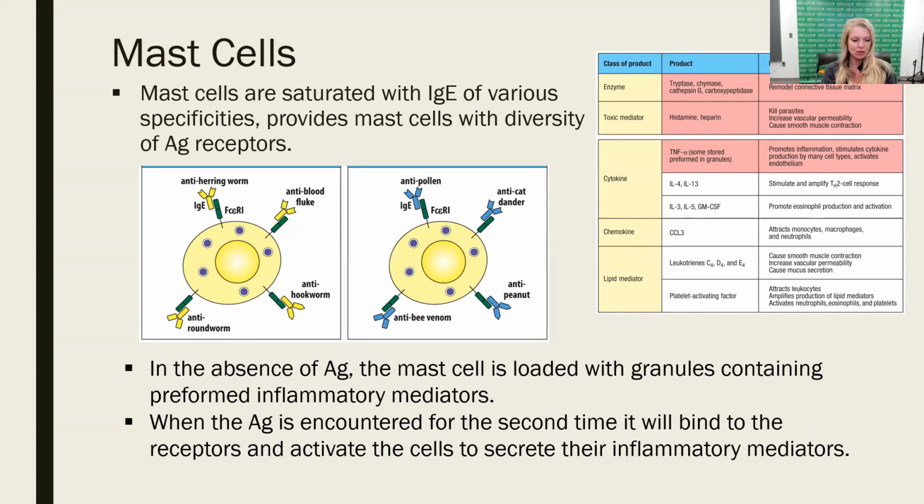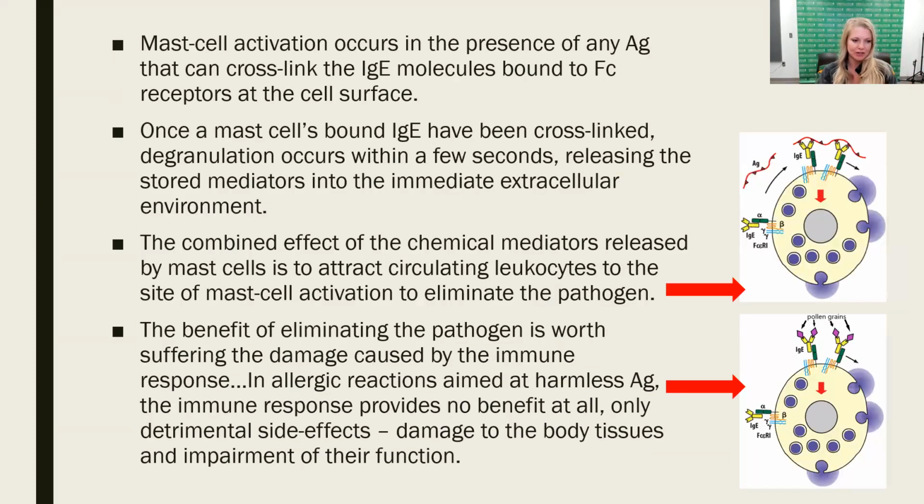When antigen is encountered, those IgEs can be engaged and tell the mast cell, okay, release your inflammatory mediators. When that happens, it allows for the release of those granules that were stored inside the vesicles, and they are going to chemically change the zone in which they're released, and it's going to create leukocytosis, bringing in more white blood cells.